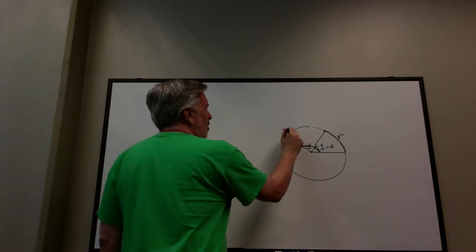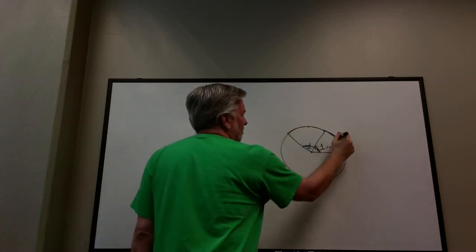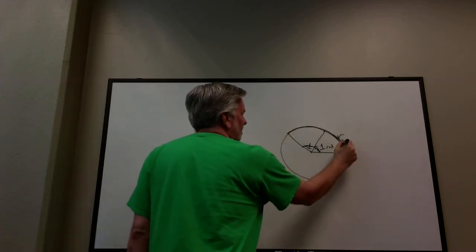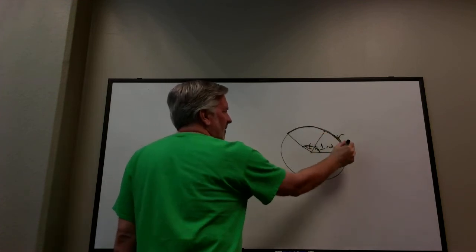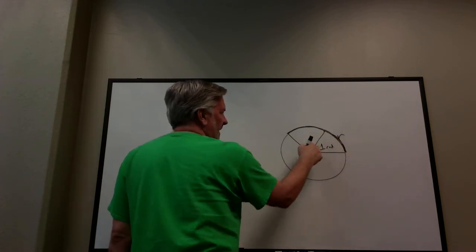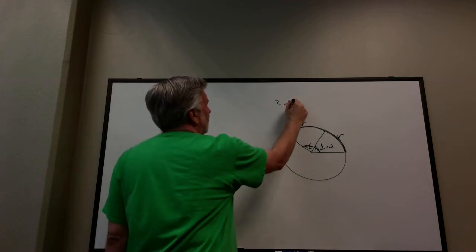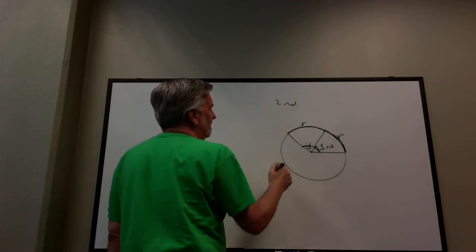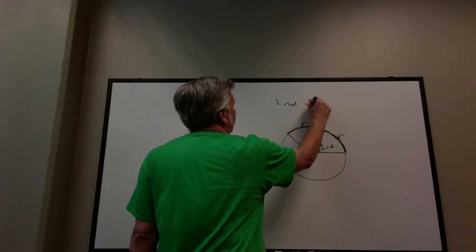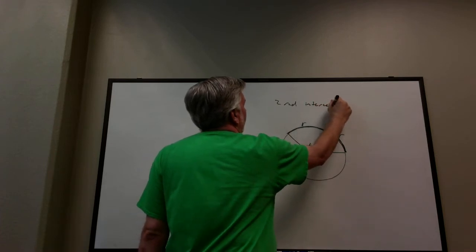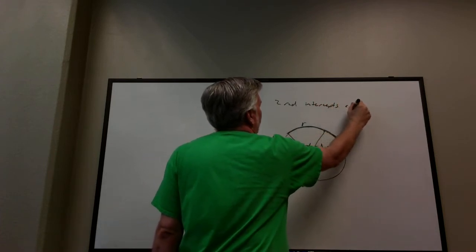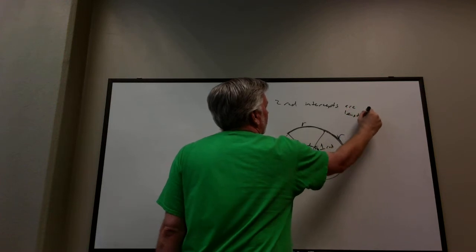How long is the arc intercepted by that central angle of 2 radians? From here to here is r, because that's 1 radian, and that's 1 radian, so that's also r. So a central angle of 2 radians intercepts an arc of length 2r, doesn't it?